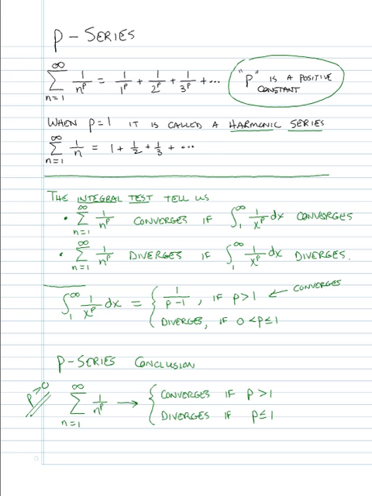Now, be careful. Above, for the integral, we found out that the integral converges to 1 over p minus 1. But remember, the integral test just says if one converges, then the other converges. It doesn't say they converge to the same number. So in a p-series, all we know is about its convergence.